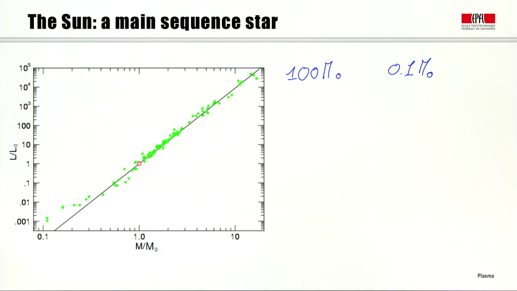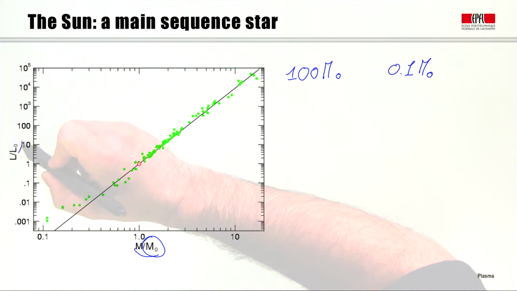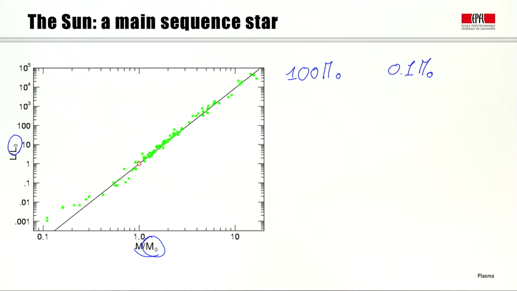An interesting property of main sequence stars is that they follow well-defined empirical laws. One such law is shown in this plot, where the star luminosity is shown as a function of the star mass. This is a logarithmic plot, and we are using normalized units, where the mass of the star is normalized by the mass of our Sun, and the luminosity normalized by its luminosity.